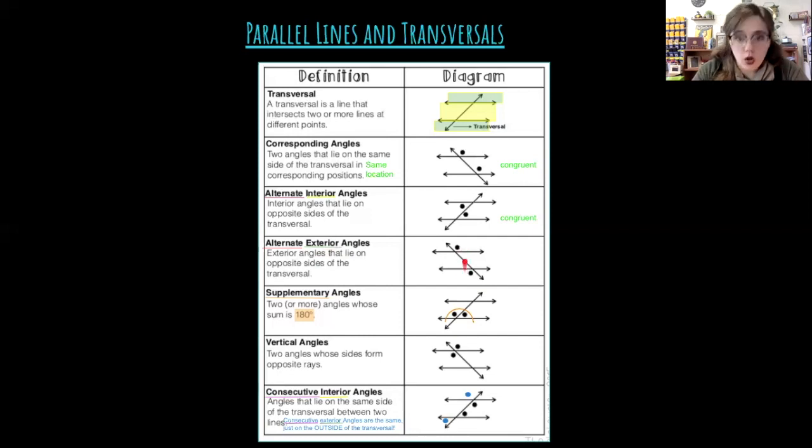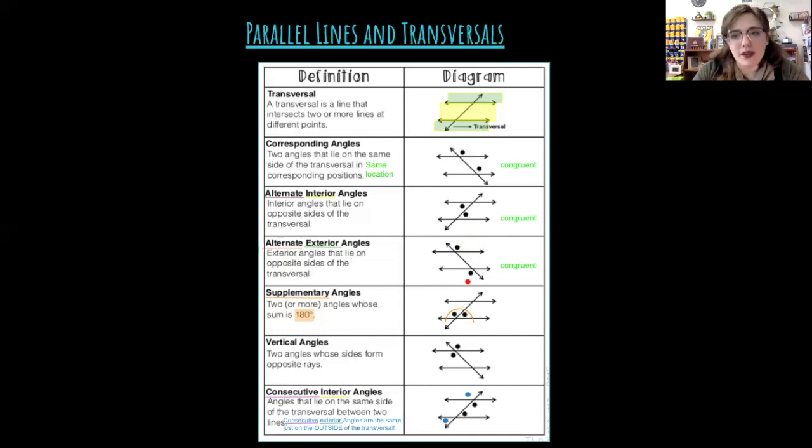Those two are alternate because one's on the left and one's on the right, and they're both outside the parallel lines, so it is an exterior angle. Those two angles are also congruent.